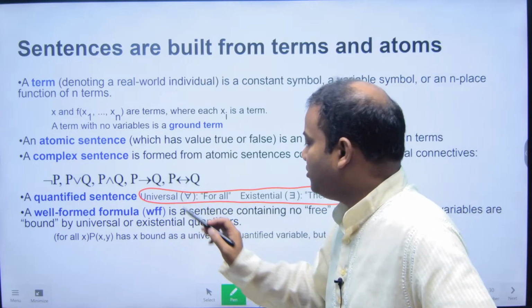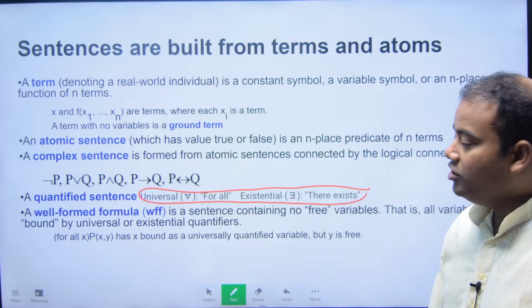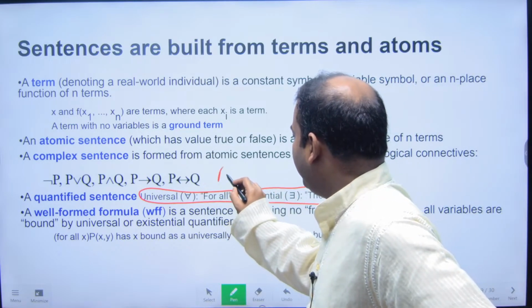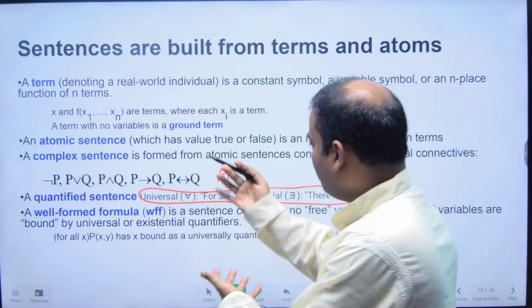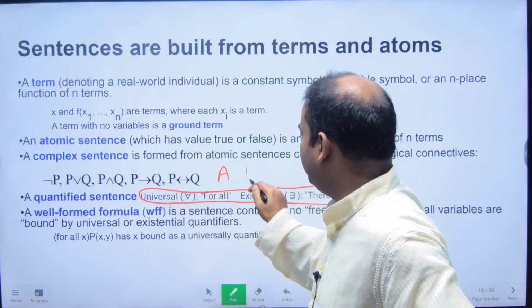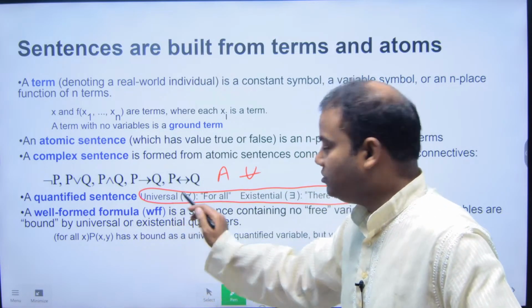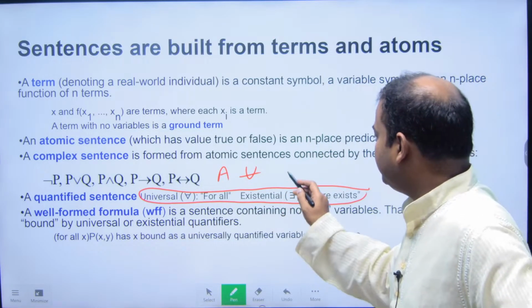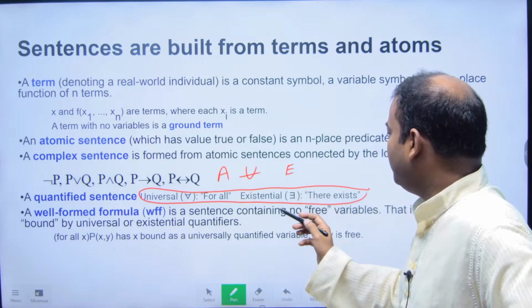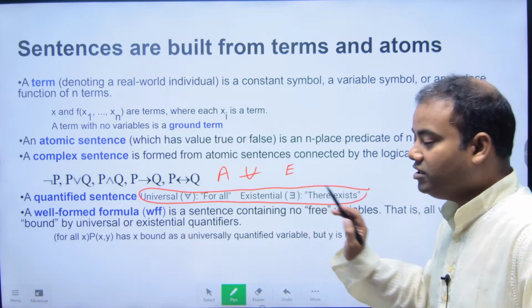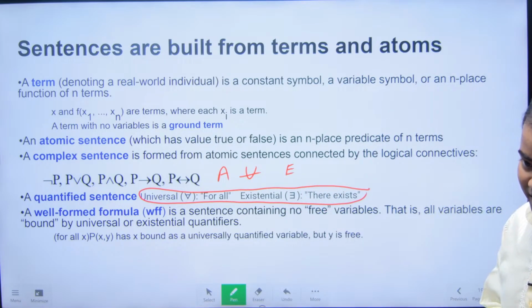One is universal, that is called for all. How we write it: all starts with A, so just the opposite of A, like this. There exists starts with E, so just the opposite of E, this is the notation of there exists.